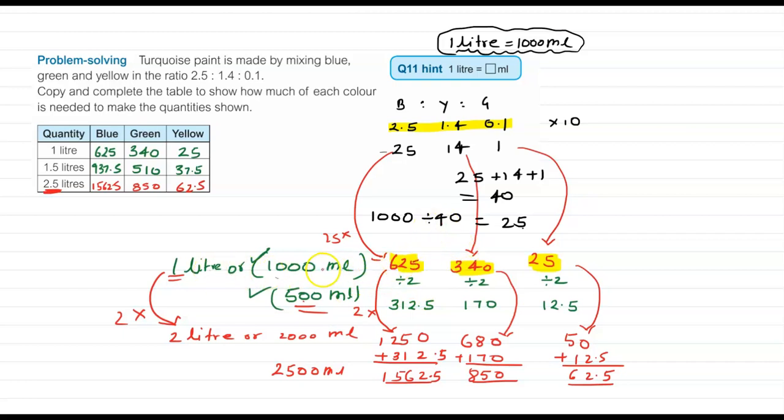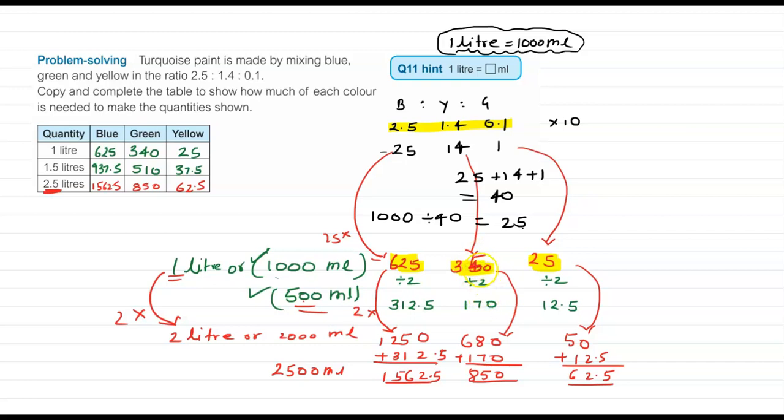Let me check. So 1 liter was 1000 ml. If you multiply by 25, 25 times 14 is how much? Let's cross check. It has to be 350, yes? So I've written here 340, so let's change it.